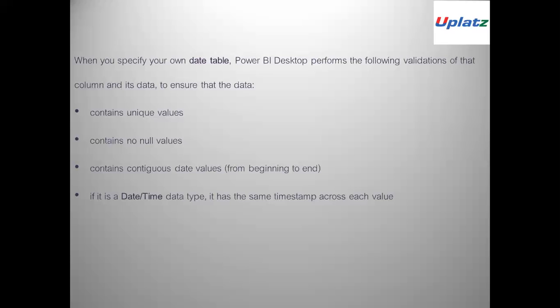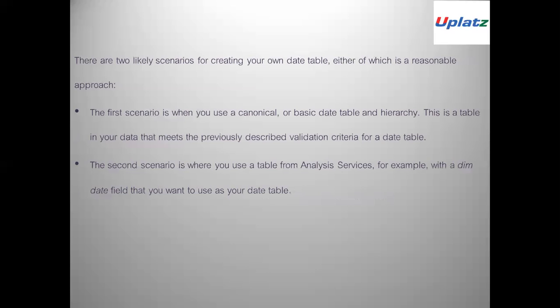There are two scenarios for creating our own date table: either going with the one already created by the Power BI Desktop engine, or going to our own date table.